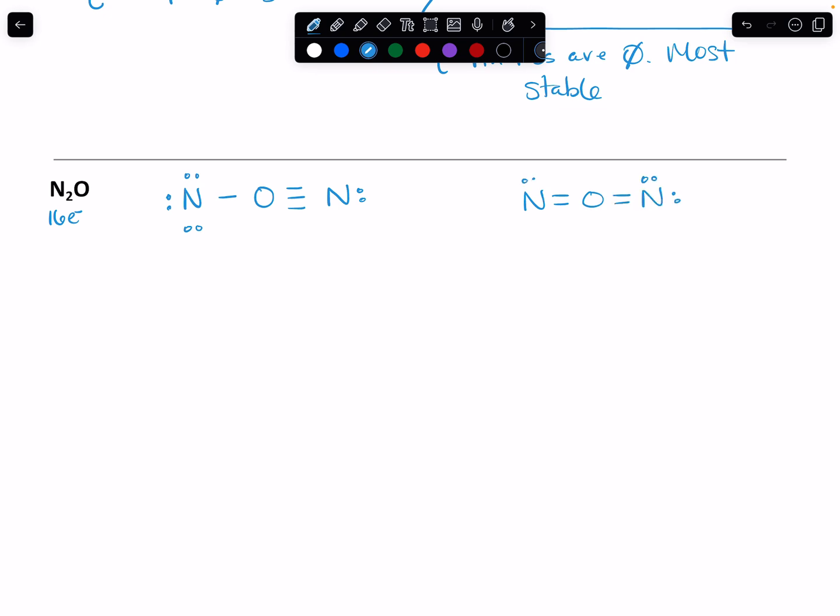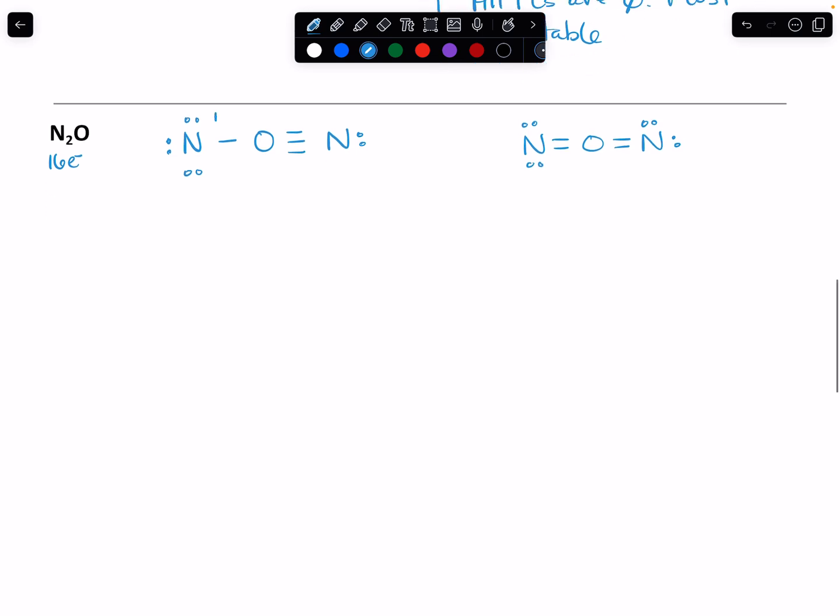So that's an option. Let's call this nitrogen 1, nitrogen 2. So N1, 5 valence electrons. I've got 6 lone pair electrons, and then half of those 2. So that's going to be not plus 2. What am I doing?